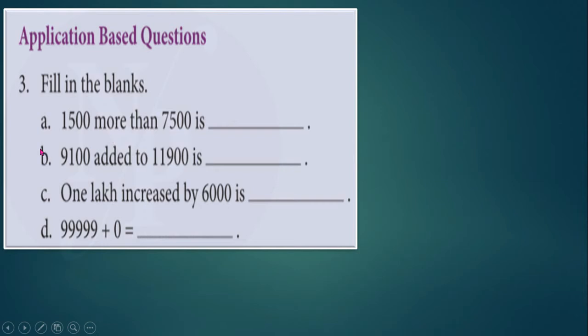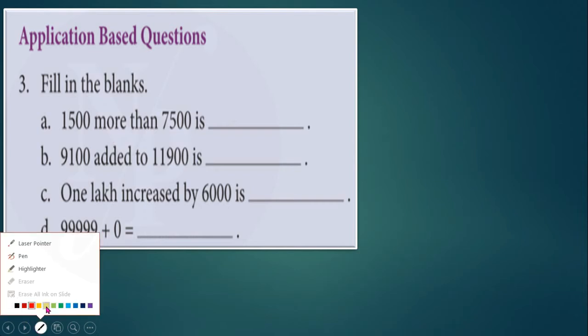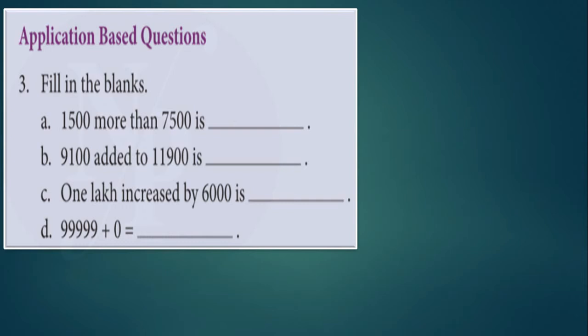So I will write down the numbers. So we are solving question A here, and we should add 7500 and 1500.